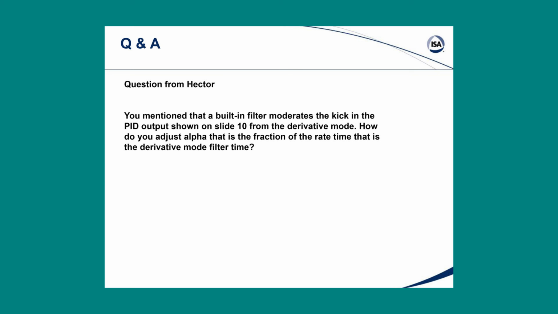Actually, you want to get the change in output large enough to get through the backlash deadband or the stiction resolution. But if you do it too much, then the valve is going to jump.